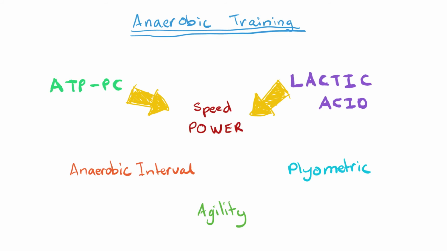By incorporating plyometric and agility training into interval or anaerobic interval training, we allow the athlete to have high bouts of exercise or activity with lots of speed and power, and obviously with that short recovery period to increase their anaerobic performance.